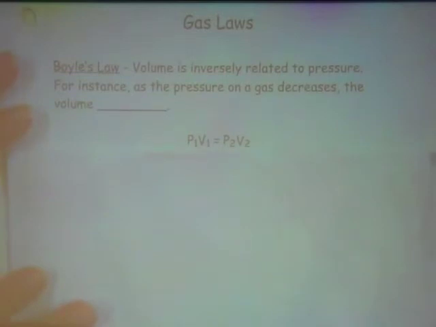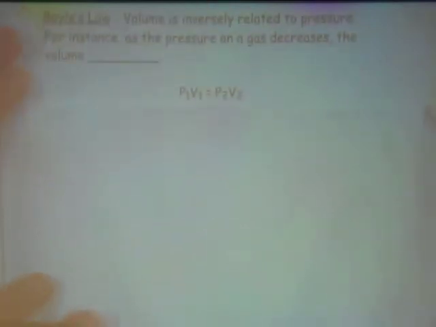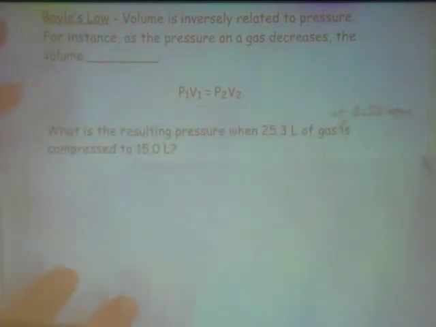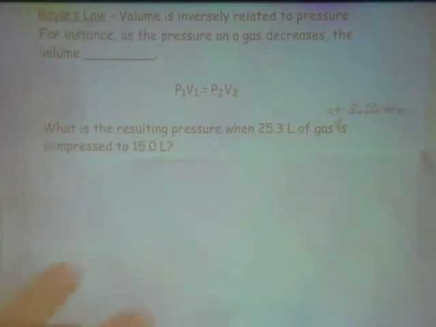This is the formula that we use: P1 times V1 equals P2 times V2, to solve problems in terms of pressure and volume. So let's do a problem on the board. What is the resulting pressure when 25.3 liters of gas at 3.20 atmospheres is compressed to 15 liters?